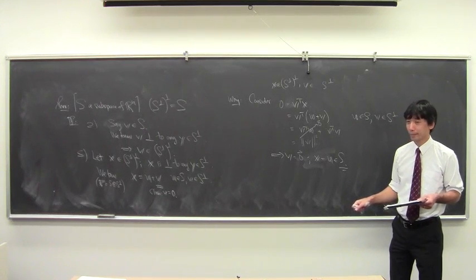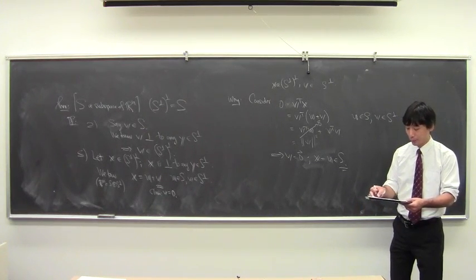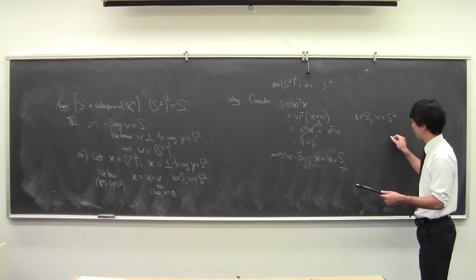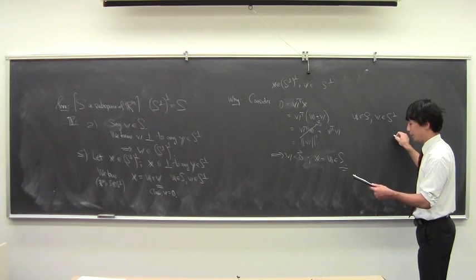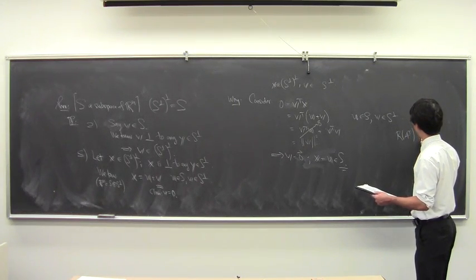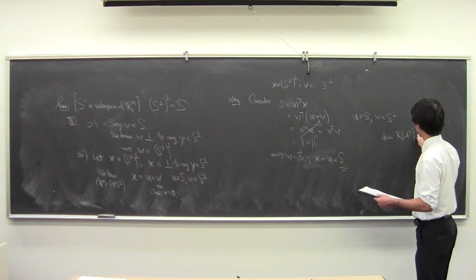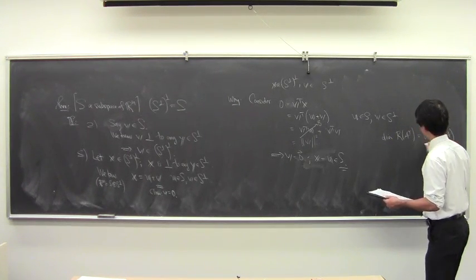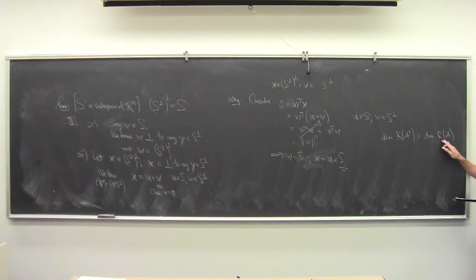Okay, so next time we'll finish up with something that's sort of interesting, a way of understanding more concretely why the dimension of the row space and the dimension of the column space are equal to each other.